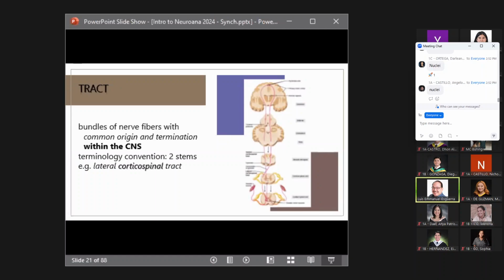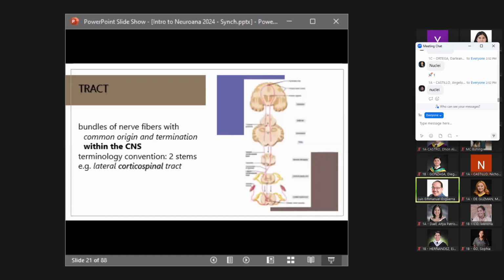So the nerve cell body is in the cerebral cortex. And the second part of the term is spinal. That's the termination. It ends in the spinal cord. So corticospinal tract refers to a tract that originates from the cerebral cortex and terminates in the spinal cord. And the lateral one describes its location in the cord.